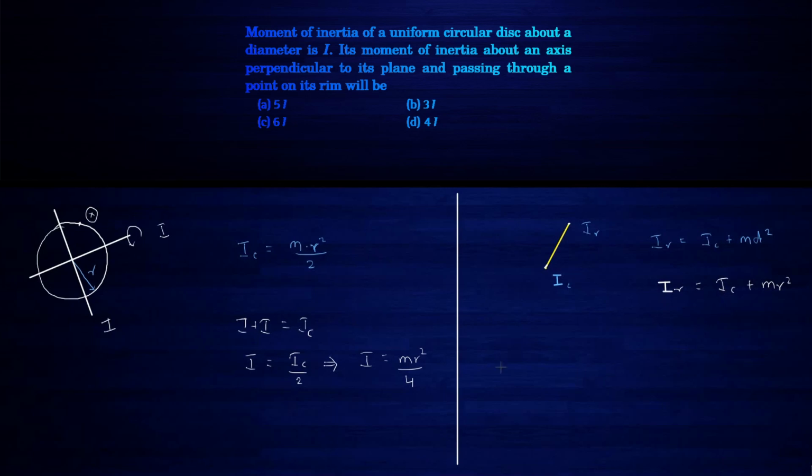IC equals 2 times I, and M R square equals 4 times I. So IR equals 6 times I. So the moment of inertia of the uniform disk about an axis passing through the rim is 6 times I, where I is the moment of inertia about one of its diameters.